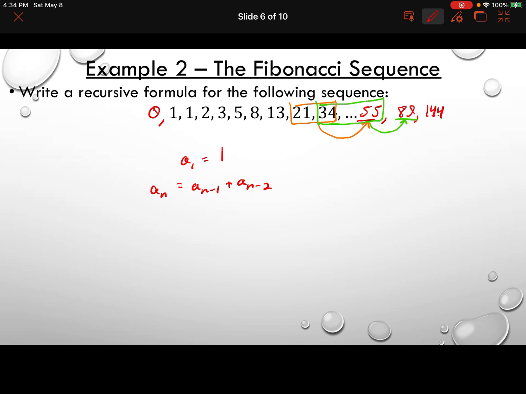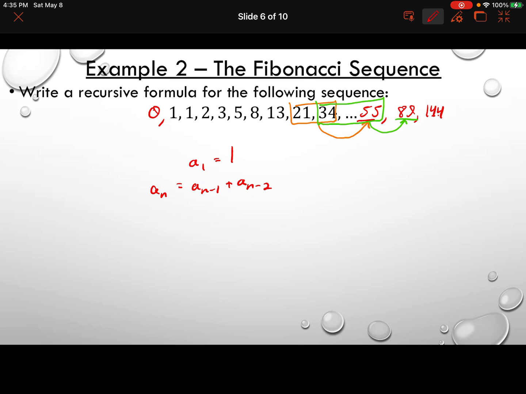So the second term is 1. Actually, I'm going to write it this way. Wait, if I write it like that, it doesn't work. So I do a sub 1 is equal to, yeah, that's good. All right. And there you have it.